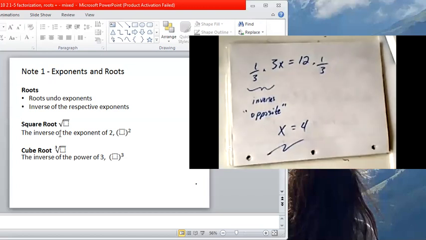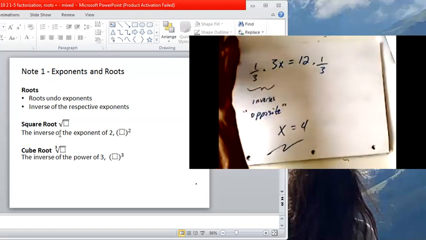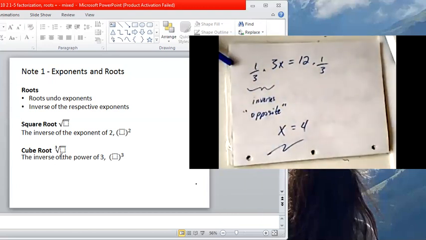So looking at the left side with the square roots and the square, those are opposites of one another. They'll make one another disappear. With the cube root, same thing. They will make one another disappear because they are opposites. And there's a proper and professional way to show that, but we're going to do that a little later on.